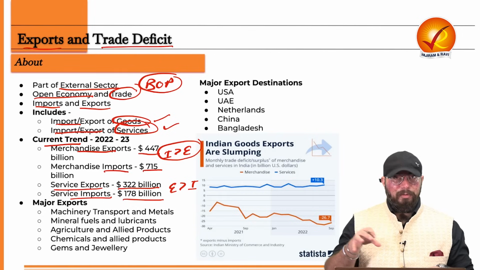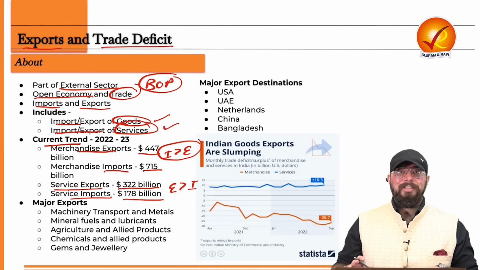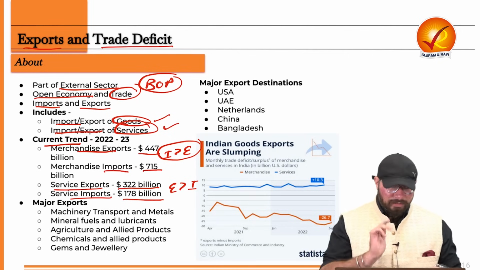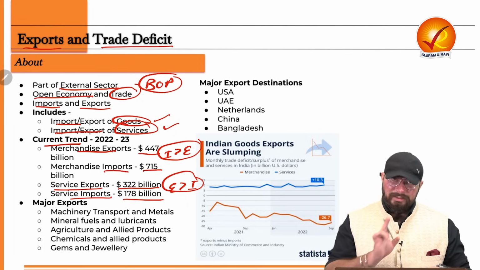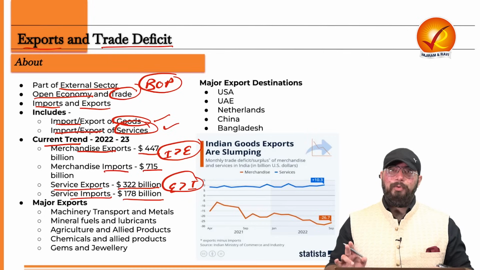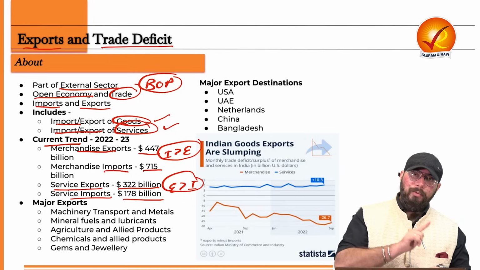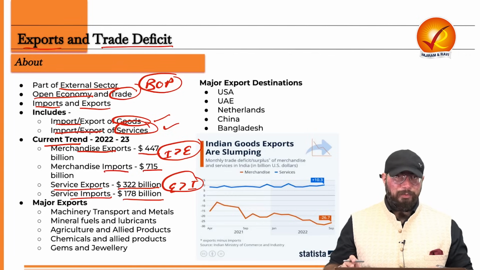Because India is a hub of information and technology sector and we are exporting those services to the rest of the world. That is why our service export is very, very high. So when we see our service exports and imports, service export is higher than the service import. And when we see merchandise export and import, merchandise import is higher than the merchandise export. Essentially, you have to focus on these things.